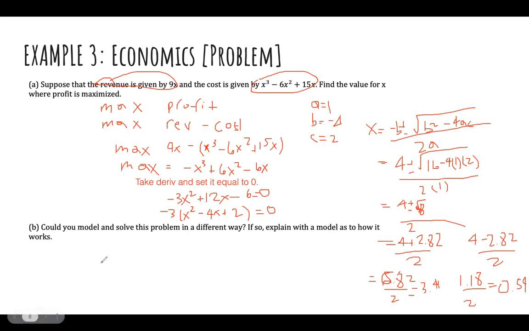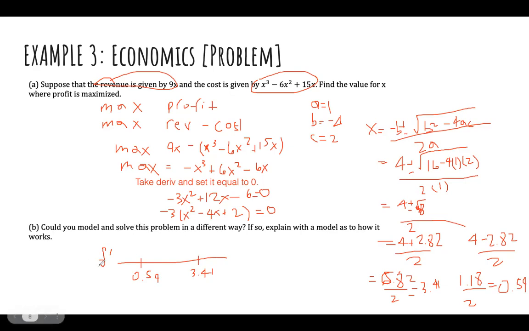And we may want to even look at a sign chart. Like 0.59 and 3.41. And I want to make sure that my critical points are critical points, and I could test out what my maximum and minimum are going to be.